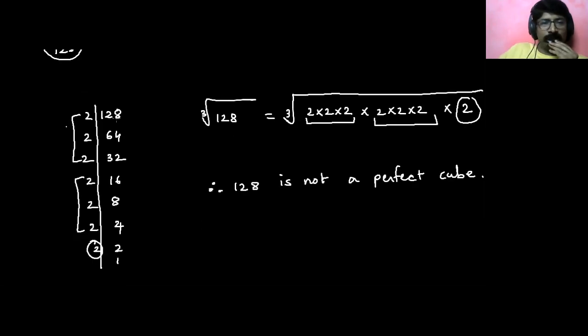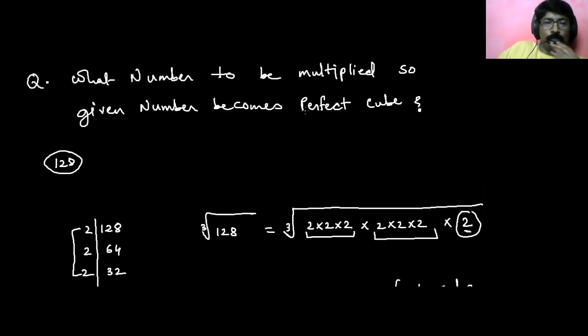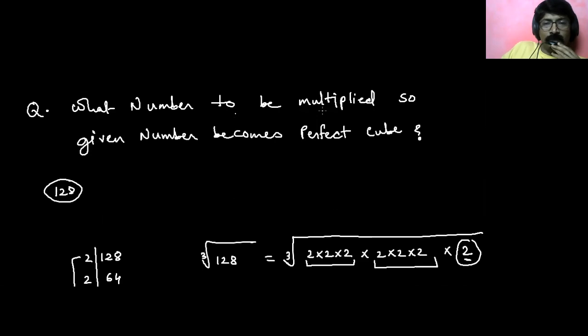How did we do that? 128 we divided by 2, and then 64, and then 32, and then 16 and so on, and then we wrote it over here. And then we realized that this 2 was alone. It didn't have a pair to make this group of three numbers, isn't it? So 128 was not a perfect cube. And now the concept we're learning is what number should be multiplied to the given number so that it becomes a perfect cube.